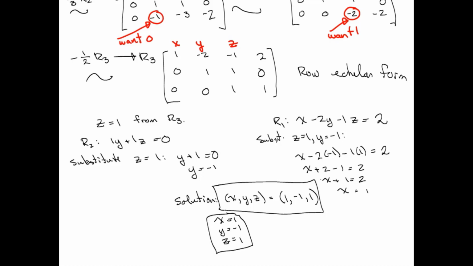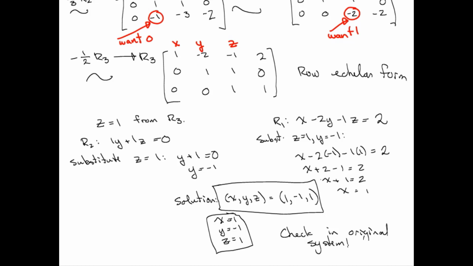That's okay too. Whichever way you want to write it is fine. Make sure that you remember to check in the original system. I'm not going to do that here, but just plug them back in with these simple numbers. You can probably do it without even writing anything down. And that way you'll know for sure that you've done it correctly.